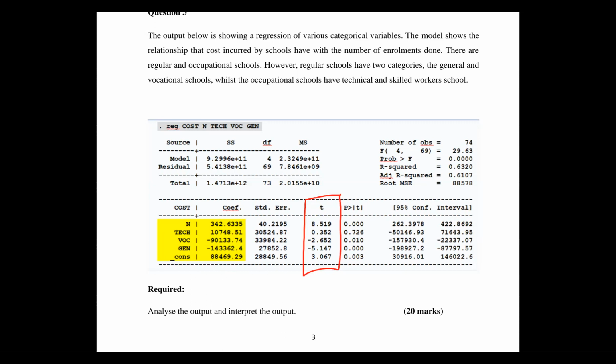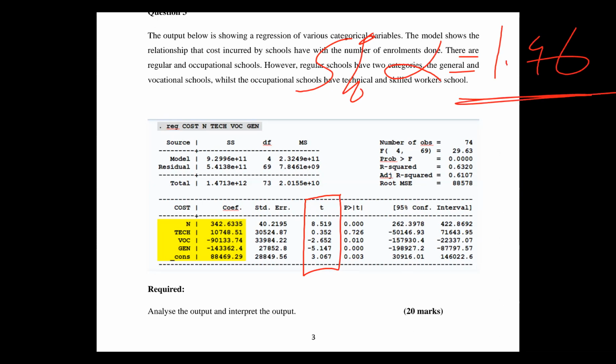At 95% level of confidence, or 5% level of significance, which of these variables are significant using the t-statistic? Maybe just a quick reminder: at 5% alpha, the level of significance, the critical value of t is 1.96. So which of these variables are statistically significant to the model?